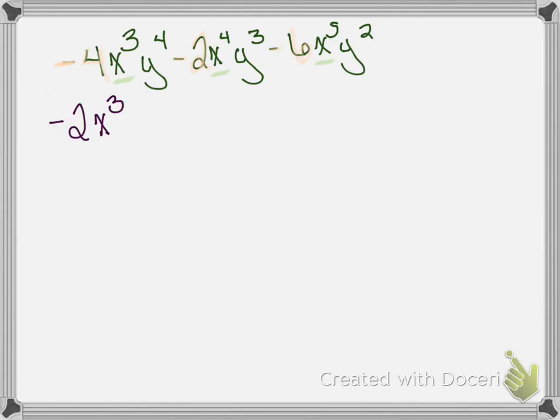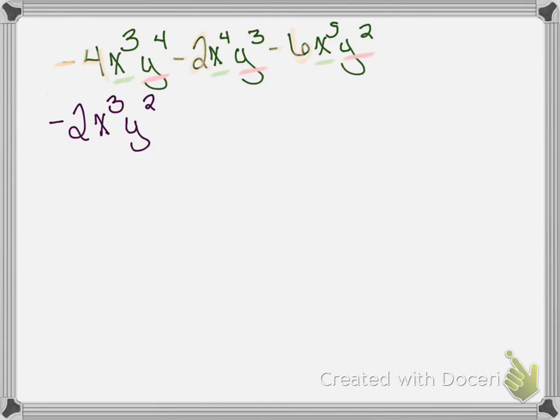Then I'm going to look at y to the fourth, y to the third, and y squared. What can come out of each one? Y squared. So -2x to the third y squared is my GCF. That's what I am pulling out of every single term. You have to look at your number, you have to look at your x variable, then you have to look at your y variable, and you need to look at them separately as you are doing this.